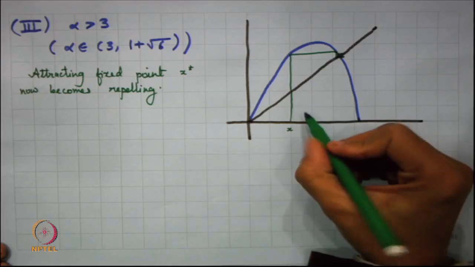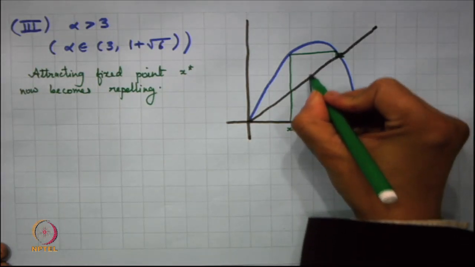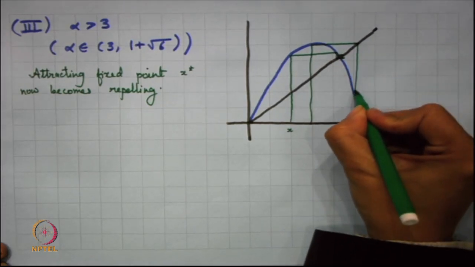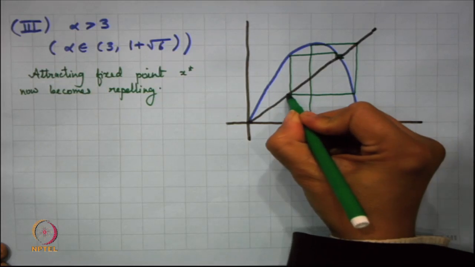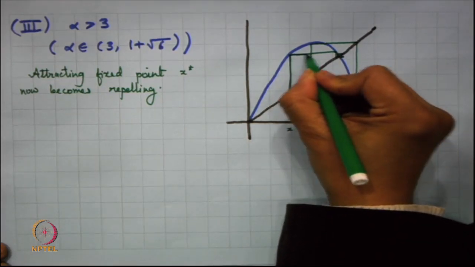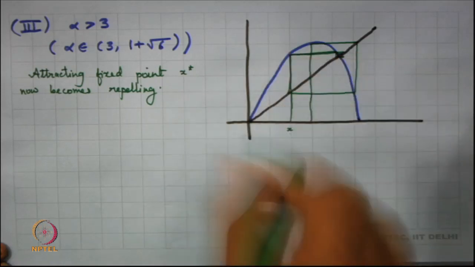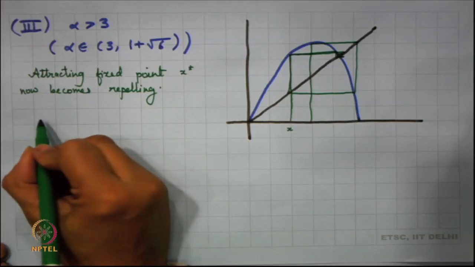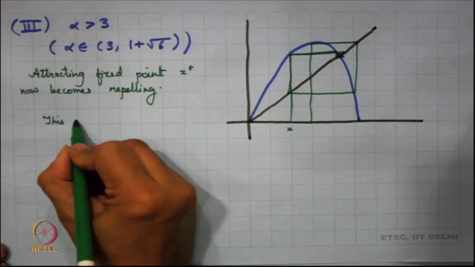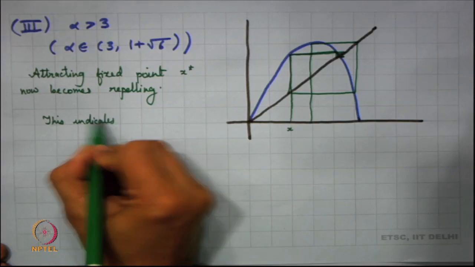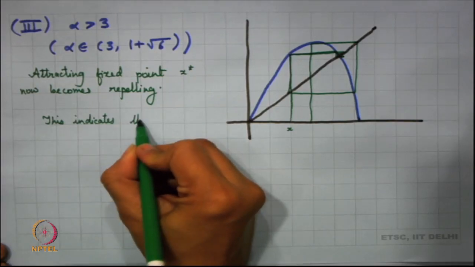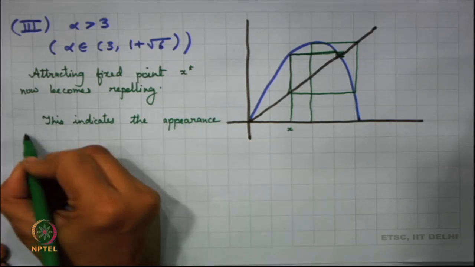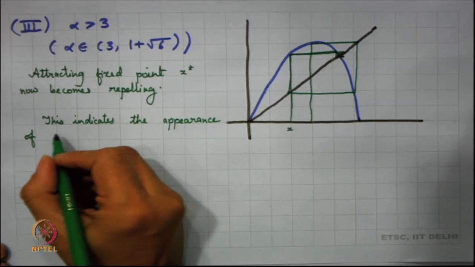Maybe we can think of another orbit here. Let us look into this particular orbit. Here it comes back here, goes back here again, and then again it settles down to this 2 orbit. So, this indicates the appearance of a period 2 orbit.